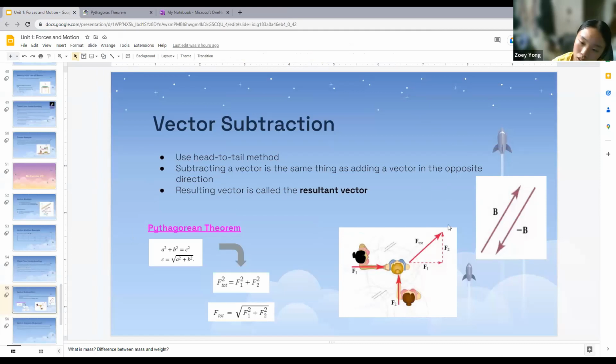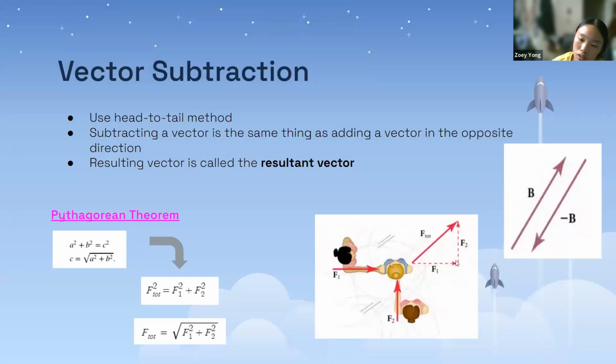So if you see here, if our forces make a right triangle, because you could fit a 90-degree angle here, we can use the Pythagorean theorem. So like I said earlier, C equals the square root of A squared plus B squared. So for this, you can just substitute F total as C, because it's the longest side, and F1 and F2 can be A or B. It doesn't really matter, as long as it's not the longest side.